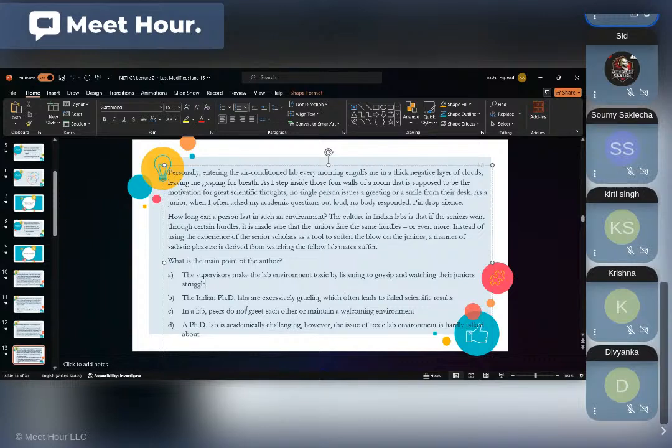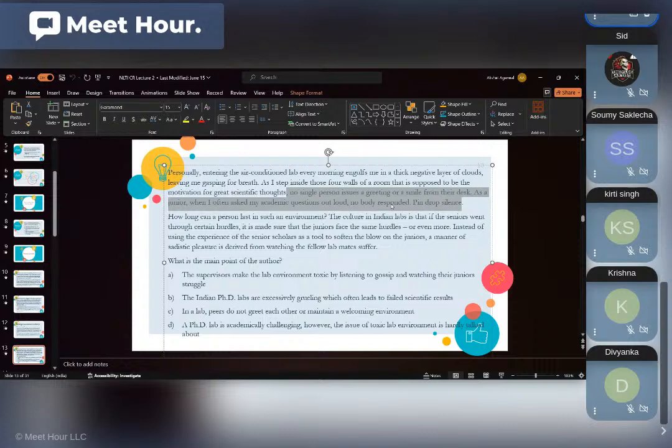Now, option C, I think, is a perfect example of me telling you that the author gives you multiple ideas, but all those ideas are not the central idea. The author does say that there is pin drop silence, nobody greets you with a smile. That is a point, but is that the central point of the author? It's not.